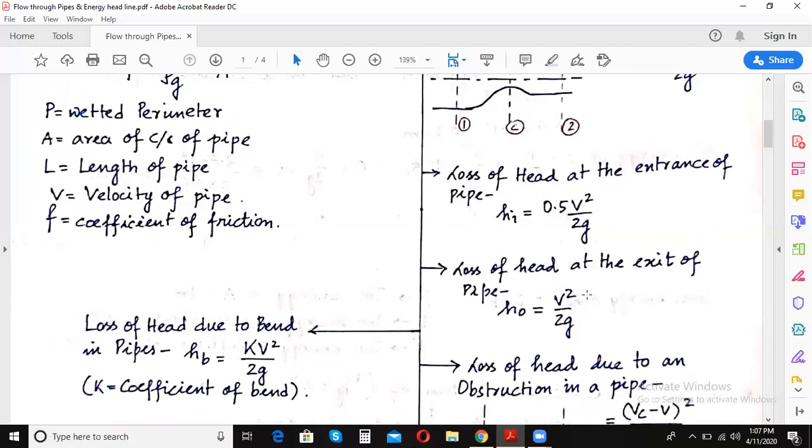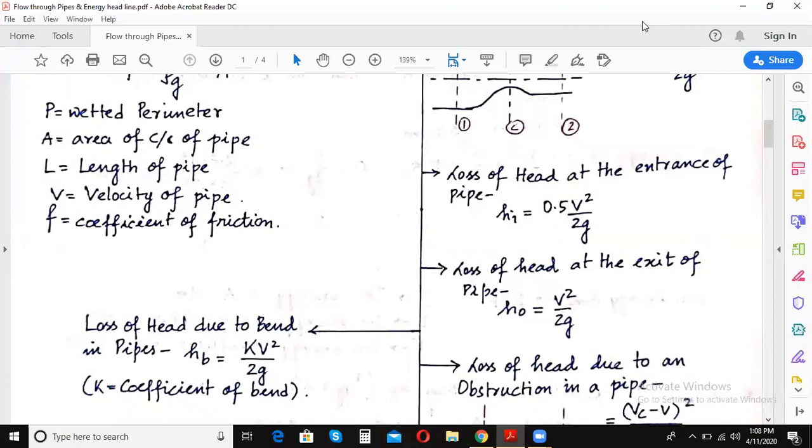When the liquid flowing through a pipe is dissipated either in the form of a free jet, or is discharged into a tank or a reservoir, this kind of loss of head will happen. This loss is taken as equal to v square by 2g, where v is the velocity of the flow at the outlet of the pipe.